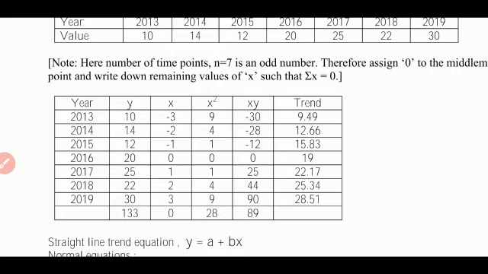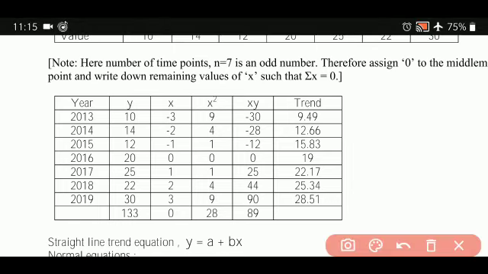Now here in this particular table, what are the columns? You have year, you have y, that is the value given to you. This year will change to new x, that is, instead of writing 2013, 14 and all that, you are straight away writing these values. The middlemost value you take as 0, then you take -1, -2, -3. Why are you taking this?